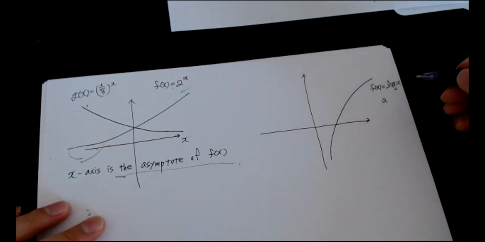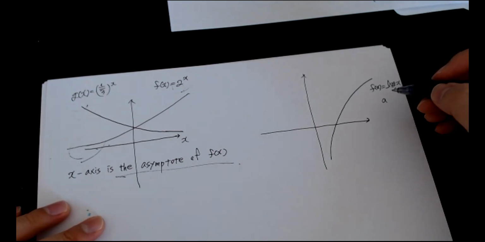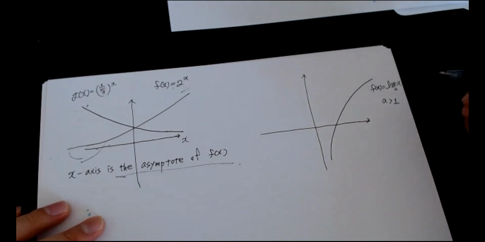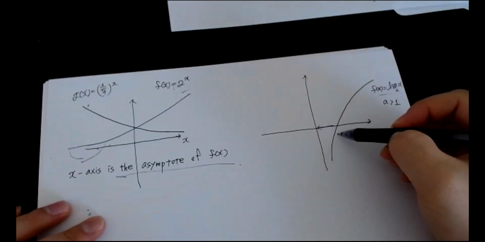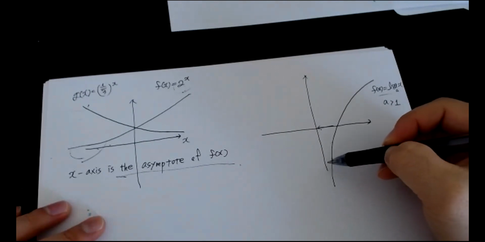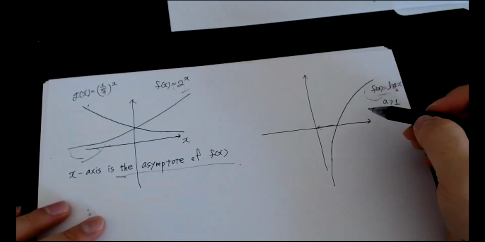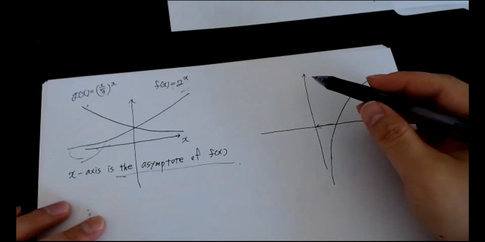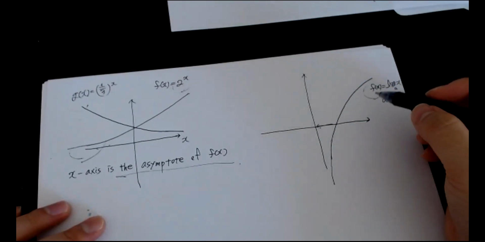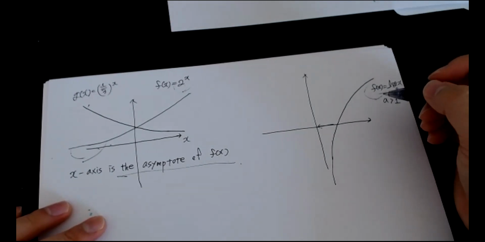In this case, for the log function, as x approaches 0, the graph just approaches the y-axis. So this f of x has a vertical asymptote, which is the y-axis.